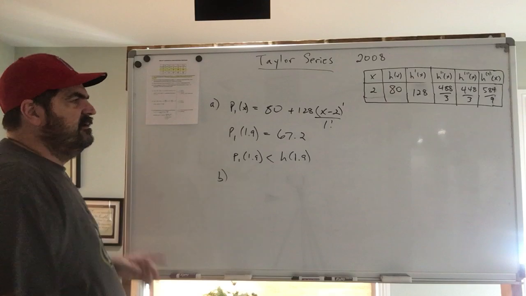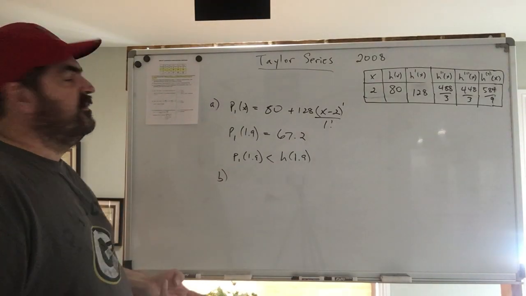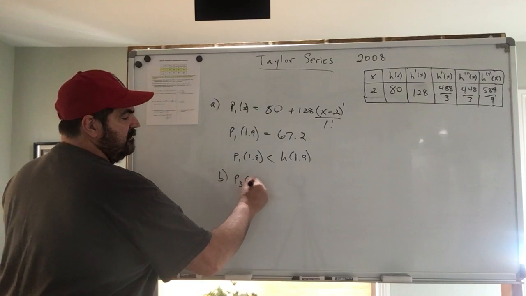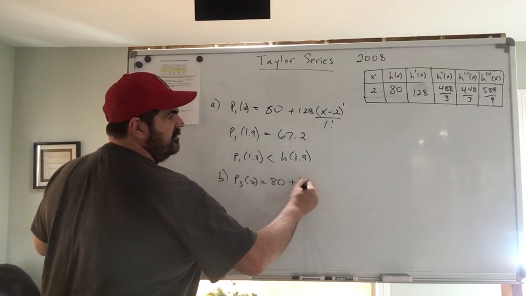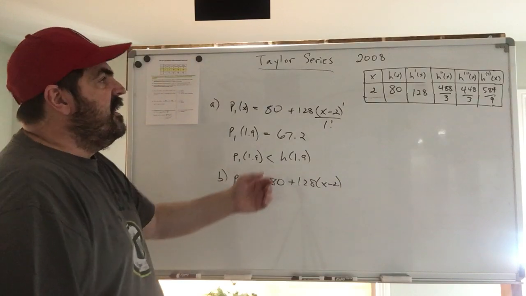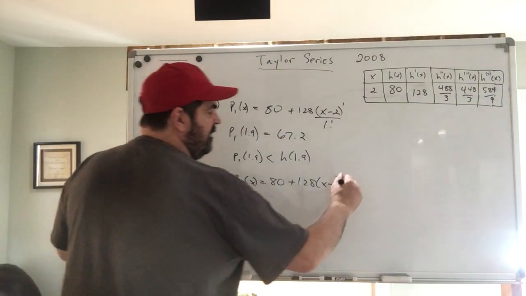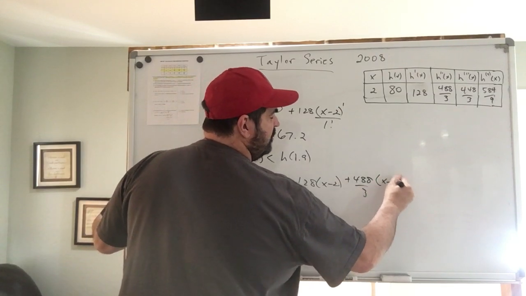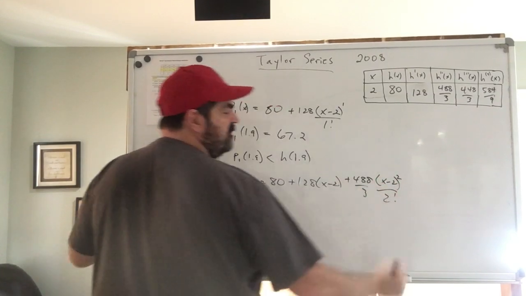B said, write a third degree Taylor polynomial and use it to approximate 1.9. So for a third degree, you got your 80, your 128, that's the first degree. The third degree is you keep going. So we got 488 thirds times x minus 2 squared over 2 factorial.